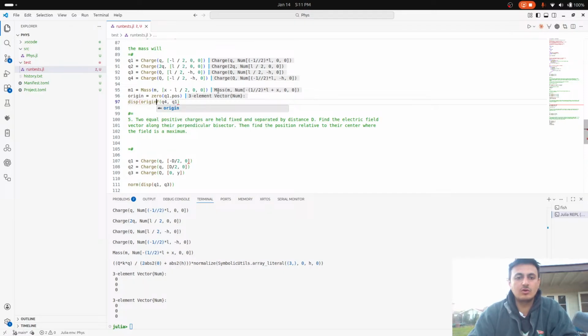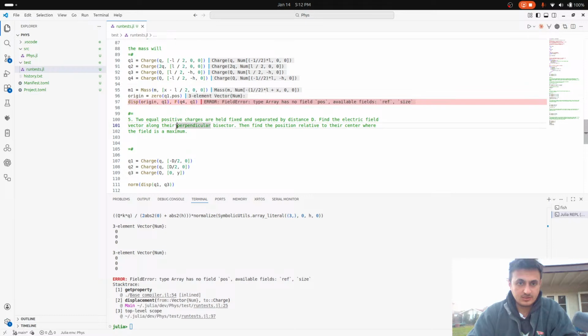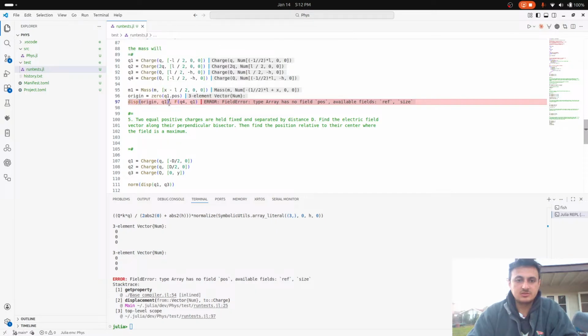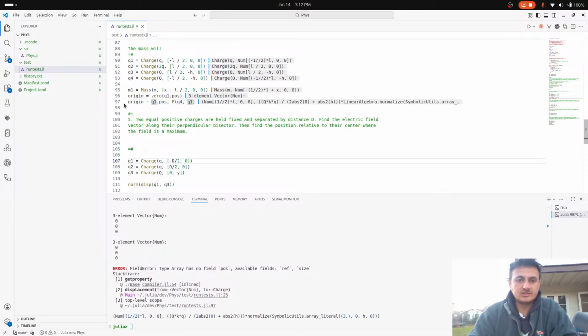So the origin, Q1, like this. I didn't do something right. Hold on. Displacement. Oh, because this needs to be a charge. I think that's the problem with making new types. We should just be able to do origin minus Q1 dot pos like that.